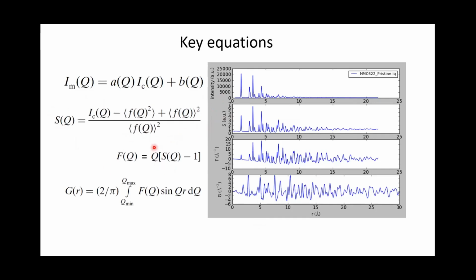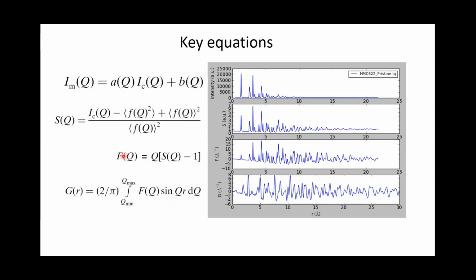So that's S(Q), and F(Q) is basically a variant of S(Q). Why do we want to compute that? Because F(Q) is in fact the real function that is Fourier transformed, right? Zernike and Prins pointed out that there's a Fourier transform relationship between the measured intensity and the atomic density, which relates to the PDF.